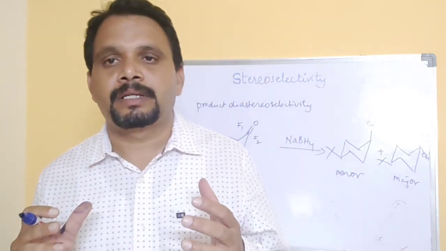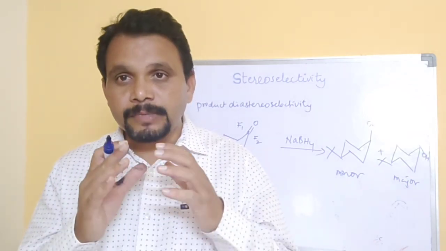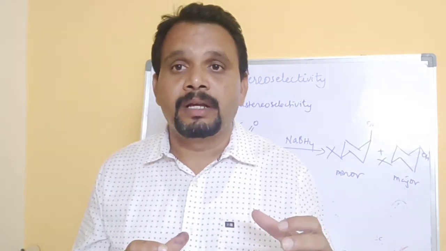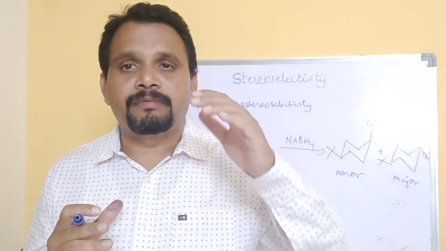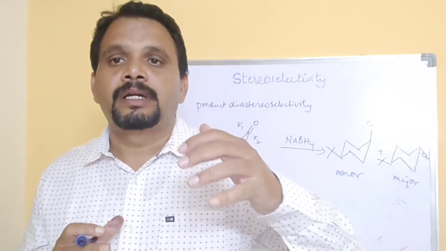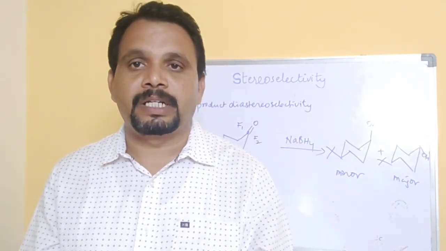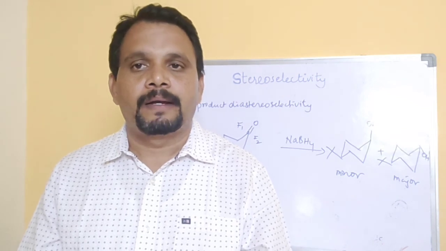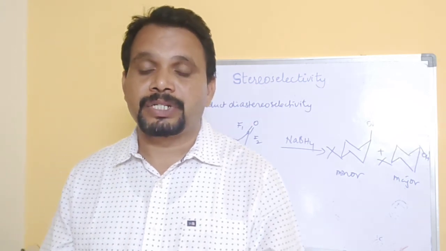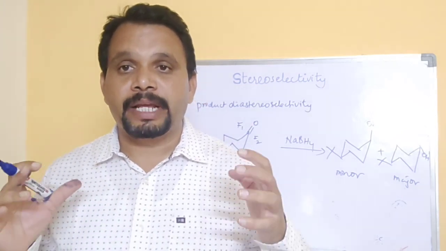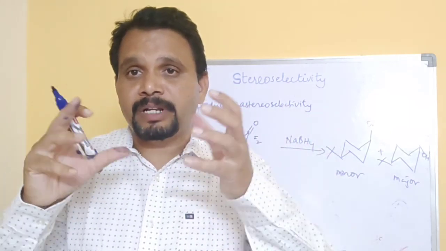The second one is regioselectivity. Regioselectivity means the positions, the regions, are competitive attacks. If the reagent attacks preferably one region or one position, that gives the corresponding product predominantly over the other possible regioisomers. Finally, stereoselective reactions concern stereochemistry, that means three-dimensional structure.